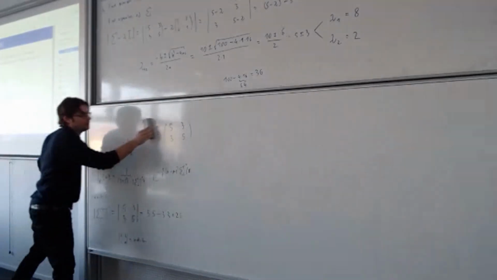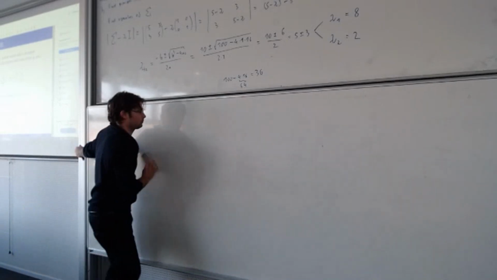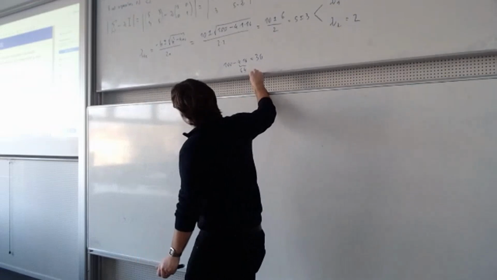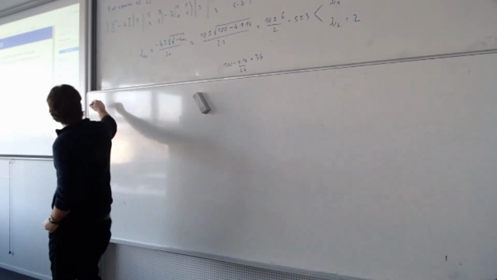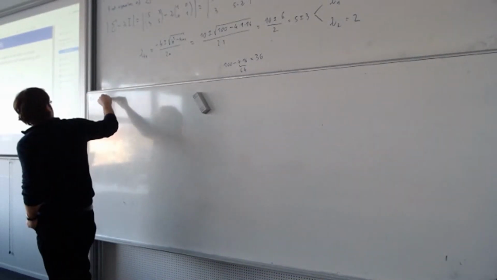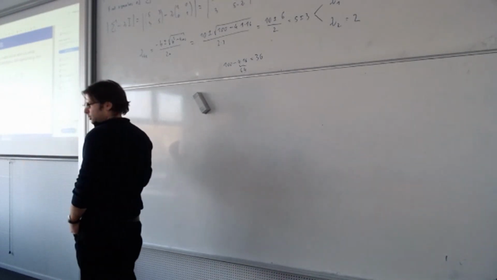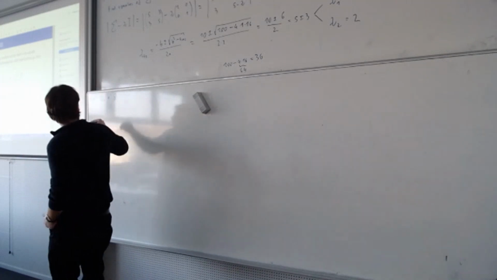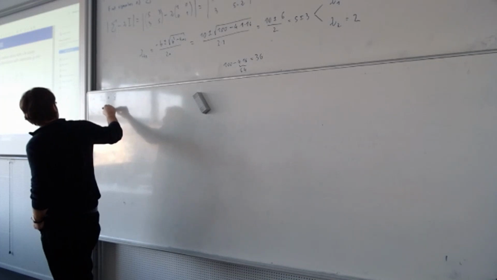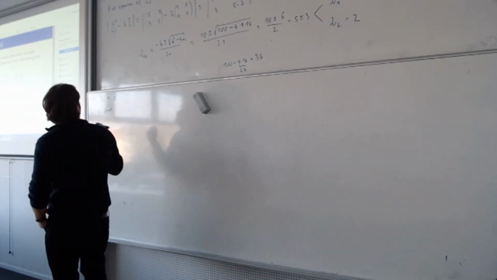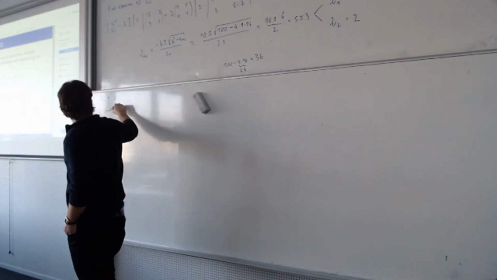Good, so we have the eigenvalues. So we need to find the eigenvectors and see where this leads us. Okay, so for lambda 1 being equal to 8, finding the eigenvector means basically solving an equation with the matrix looking like this.